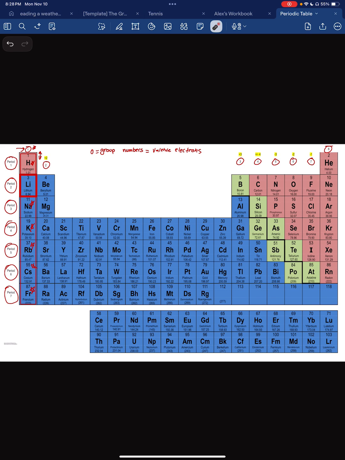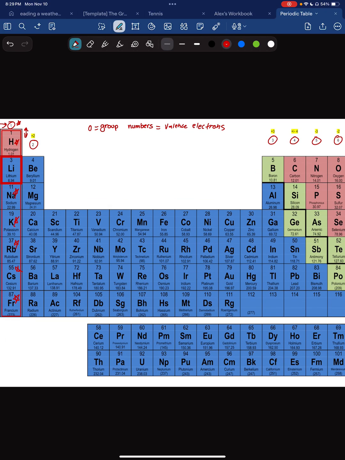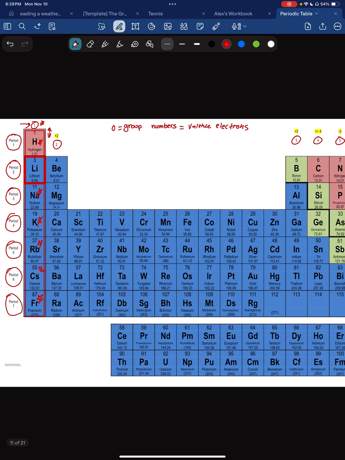What that also means is that in period 2, lithium and beryllium are also part of the same row, the same period as these ones over here. The other thing you need to know about periods is that your period tells you which orbital it is when you're filling out your Bohr models.